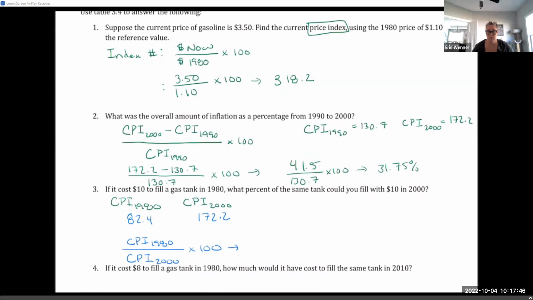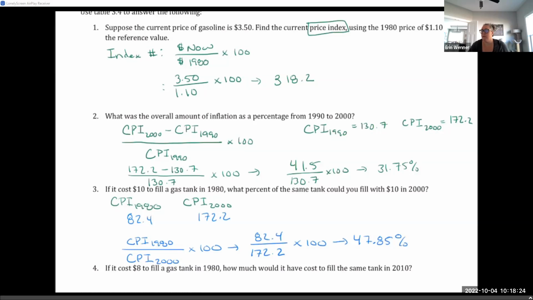I'm just warning you so that when you get to it, they want it as a decimal number. Plugging our values in, we have 82.4 over 172.2. Which gives us, so 82.4 by 172.2, then times 100, we get 47.85%.